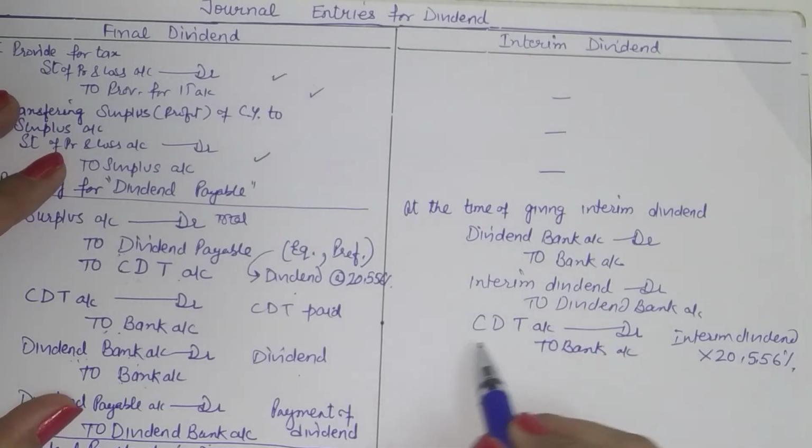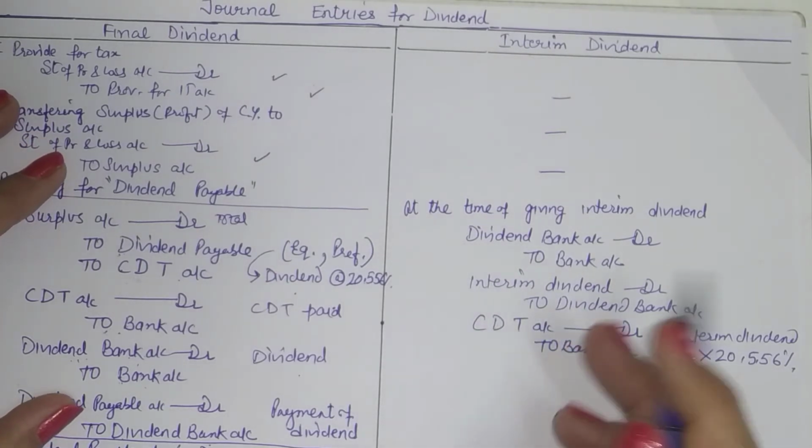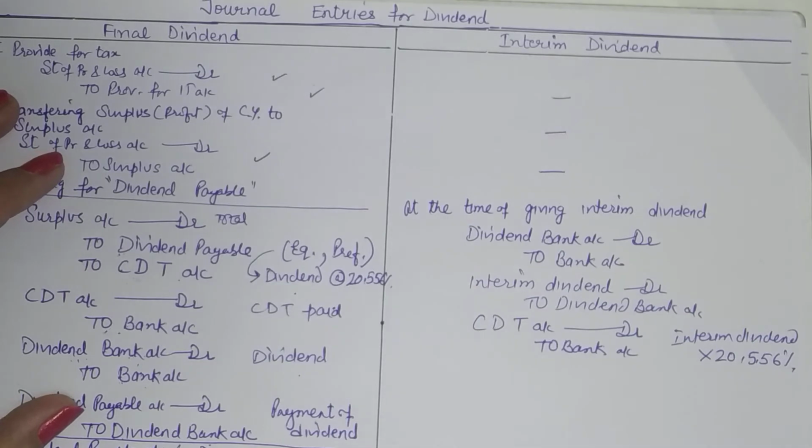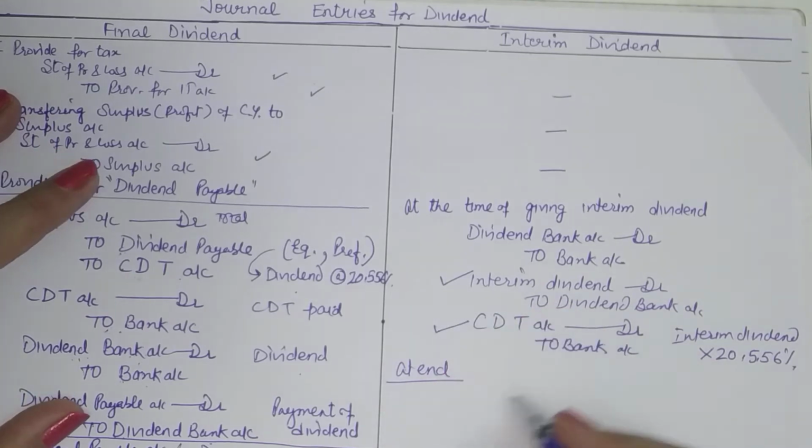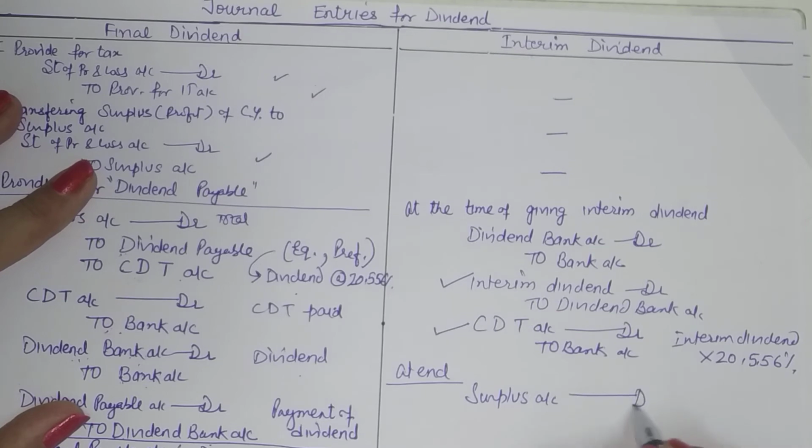Now this is your liability, you paid it, but this is to be deducted out of surplus. So at the end of the year, both interim dividend and CDT, corporate dividend tax account, will be closed in surplus account. So surplus account debit to interim dividend. So you will deduct it from the surplus or pay it out of surplus, as you can see.